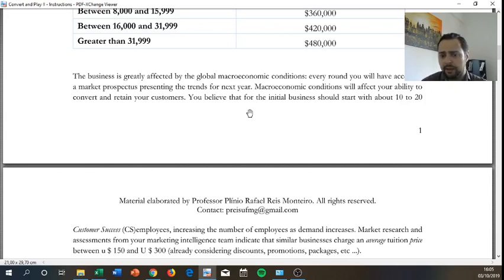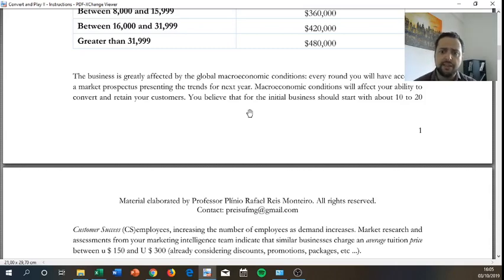So in years where you have a very good macroeconomic scenario, it will be much easier to conquer new customers and also to retain existing customers.